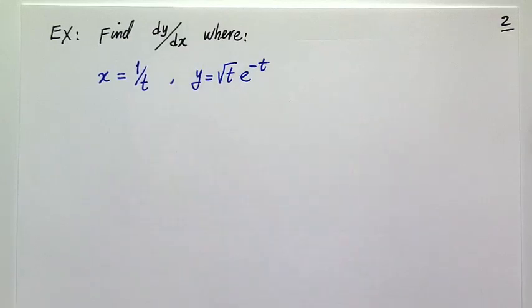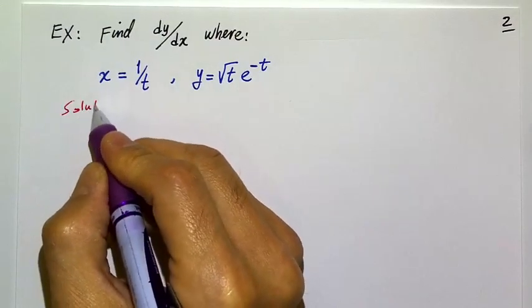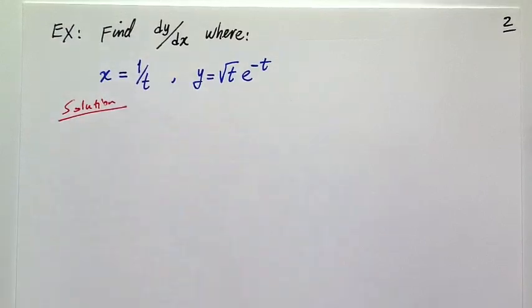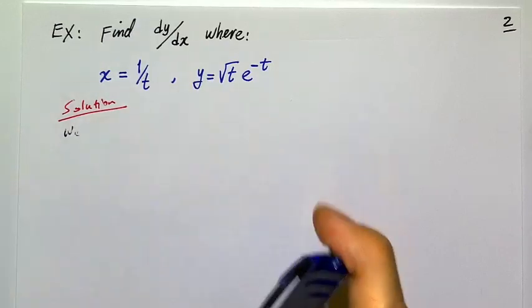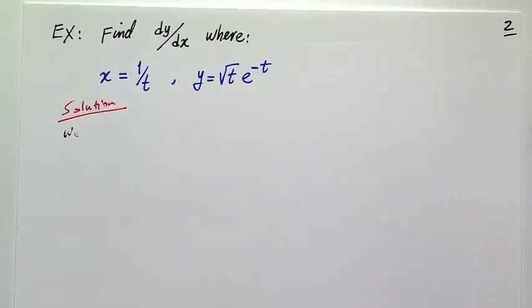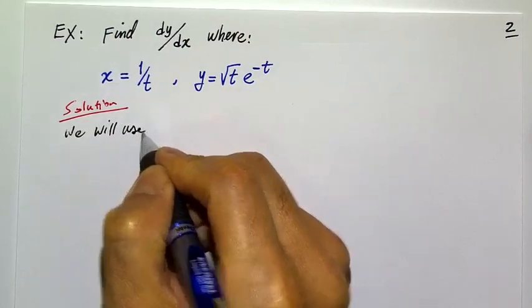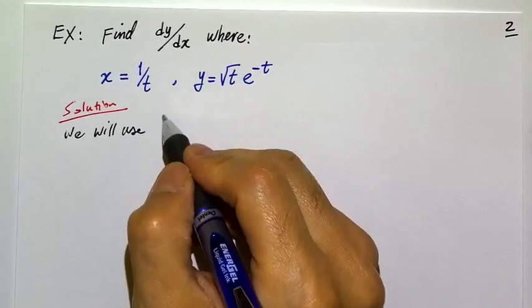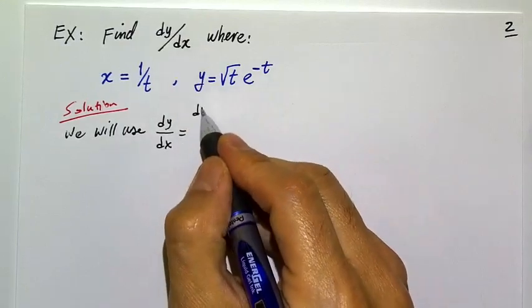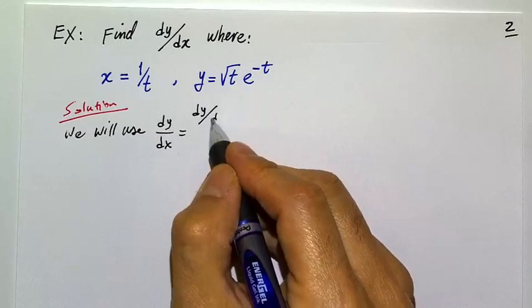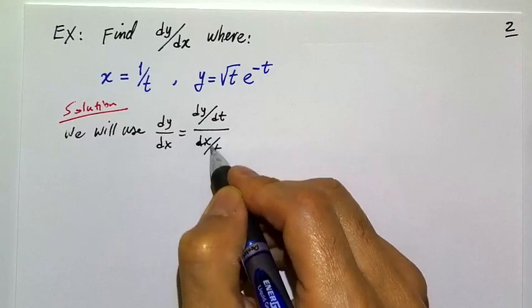So we will use just this formula that we mentioned. dy/dx being equal to dy/dt divided by dx/dt.